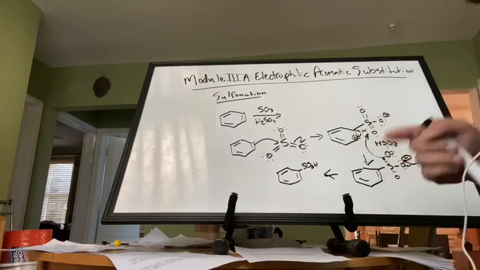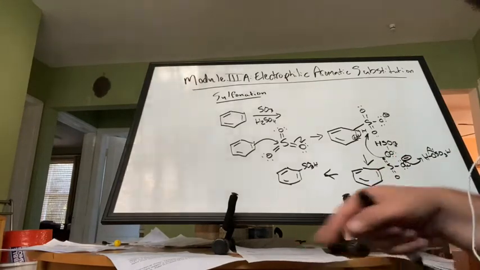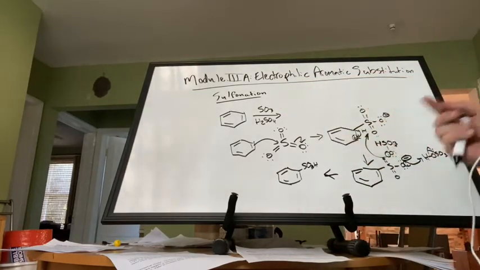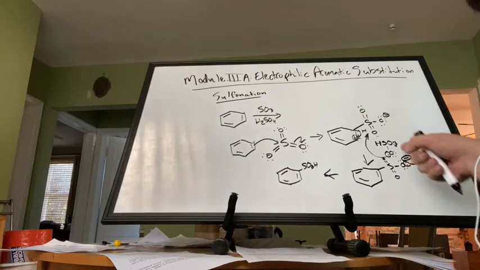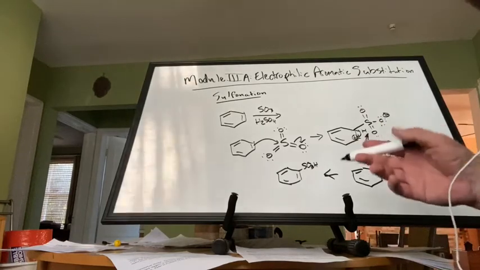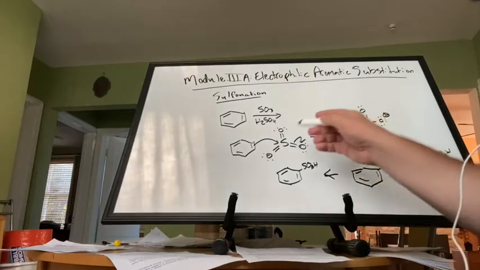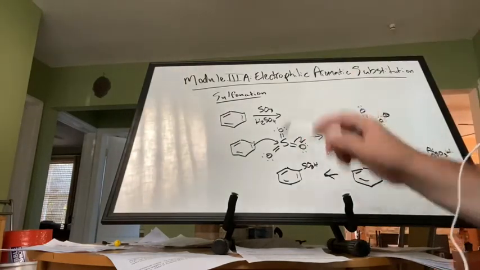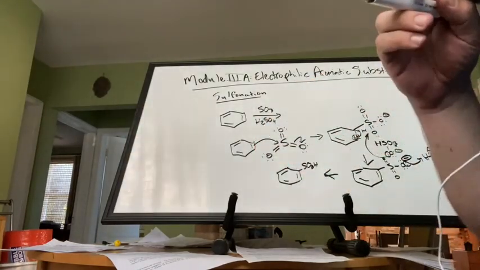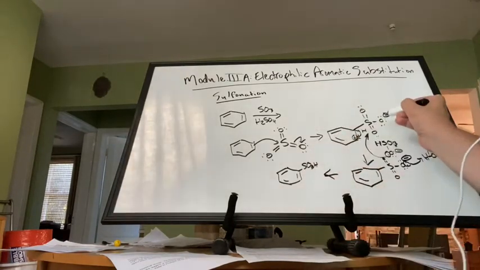Now, I mentioned something about water earlier. Okay. So 2 equivalents of H2SO4 is going to yield SO3, H3O+, and HSO4 minus. Okay. Like what you see here. Now, that means that there has to be some kind of proton transfer, right? So SO3 is the intermediate that's going to be reacting with your aromatic substrate, and hence forming that sulfonyl group.